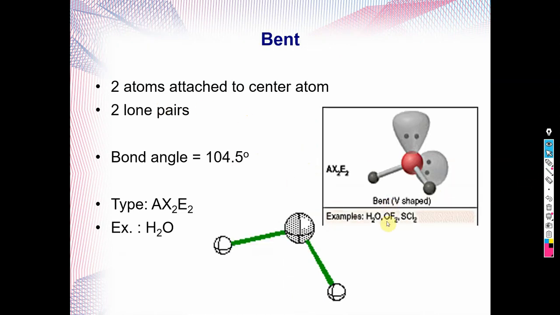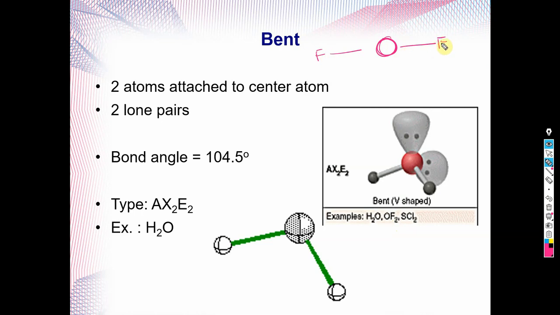Alright, so an example of a bent structure. If you are given, say for example, OF2, oxygen has to be the central atom because it is present in smaller number, and the Lewis dot structure of OF2 is going to look like that.